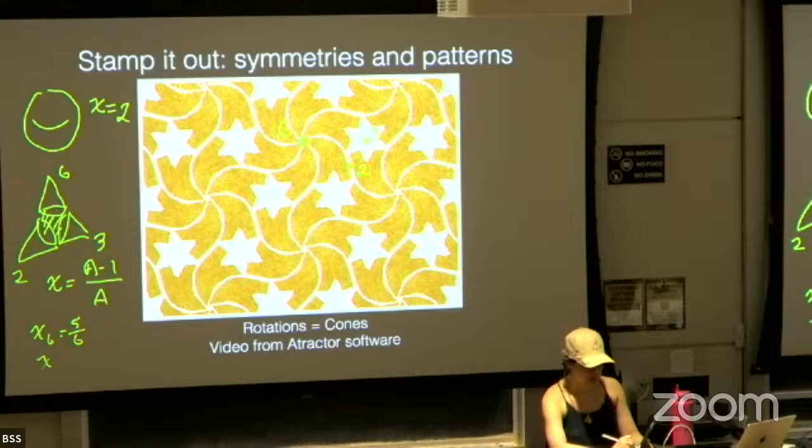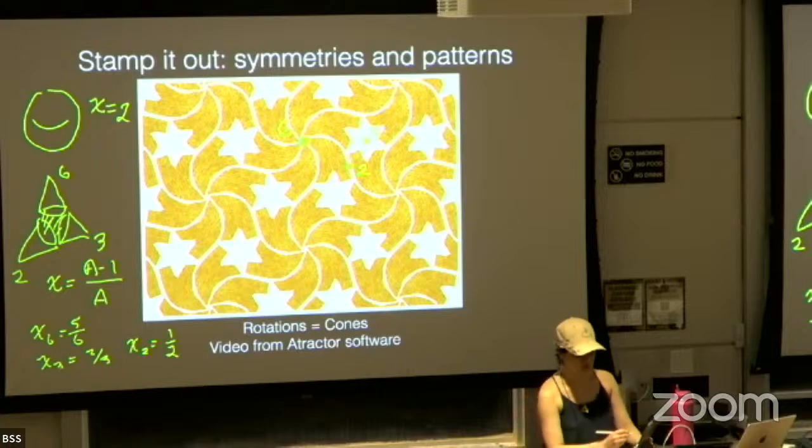For the 3-fold rotation, 3 minus 1 is 2/3. And for the 2-fold rotation, it is 1/2.